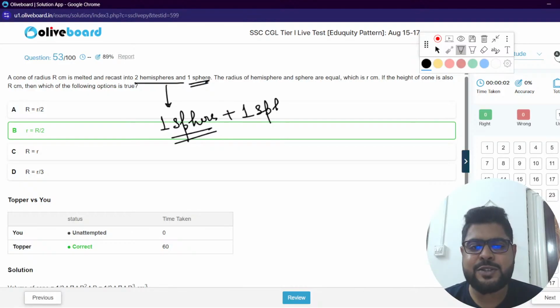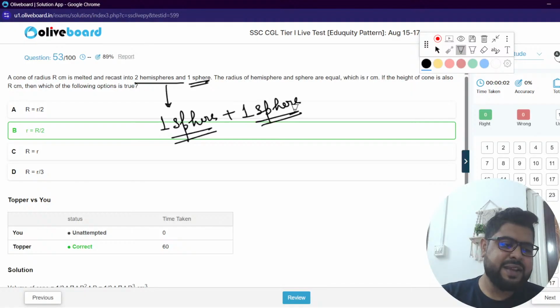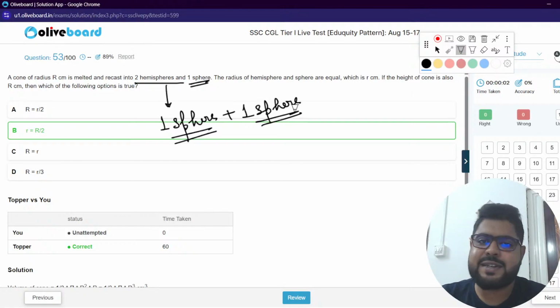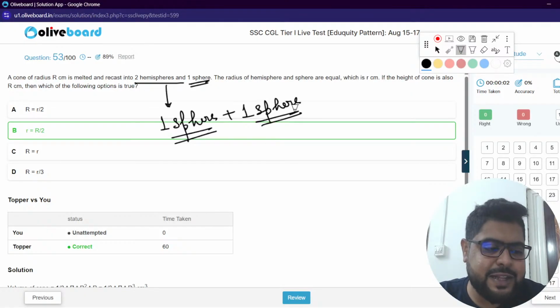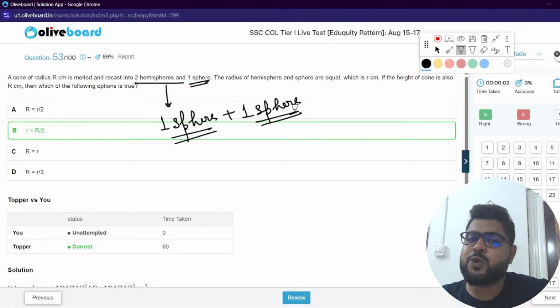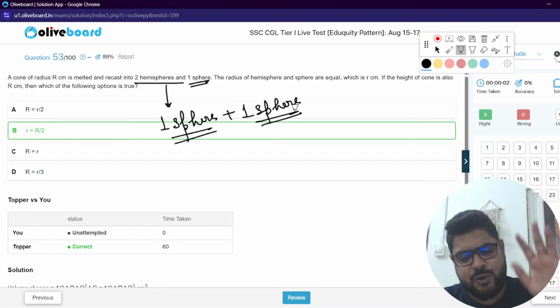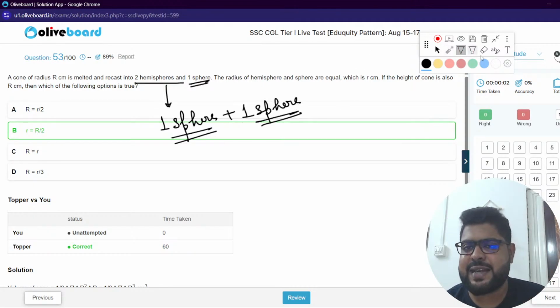So how many spheres are we getting? One sphere and one sphere. That means two spheres. You got my point why I have written two spheres? Perfect? No worries, it is absolutely okay.